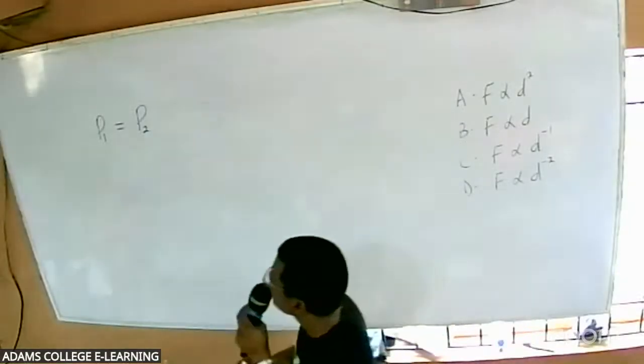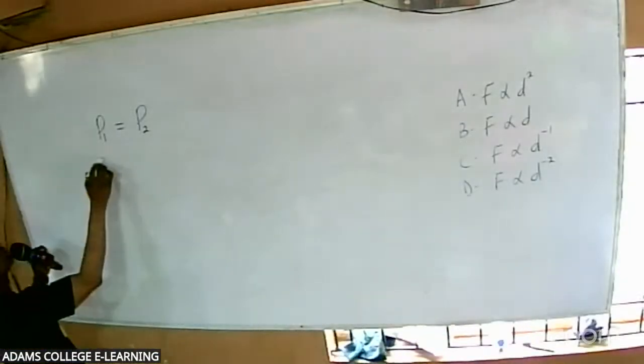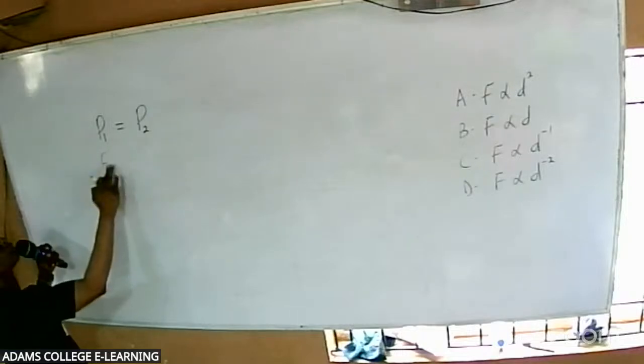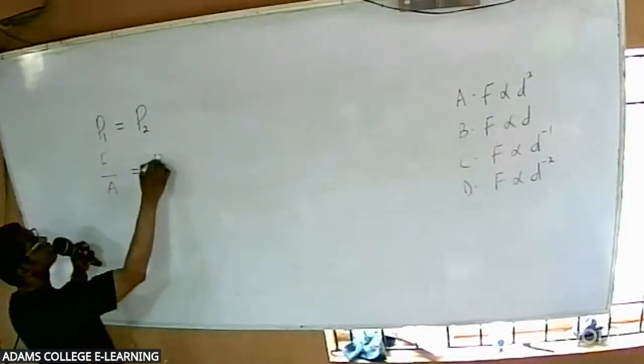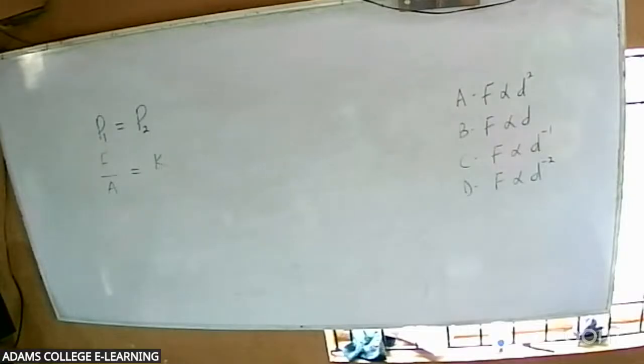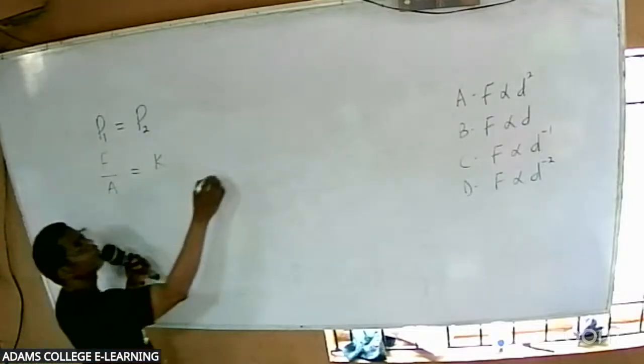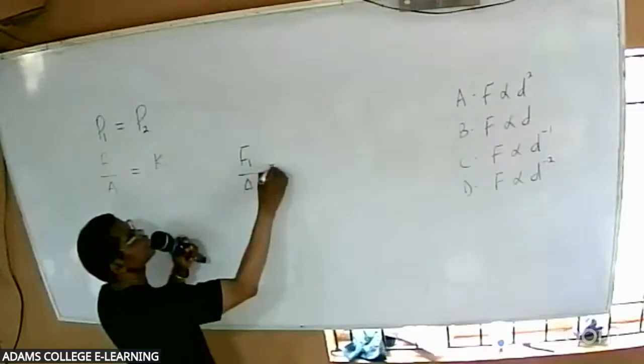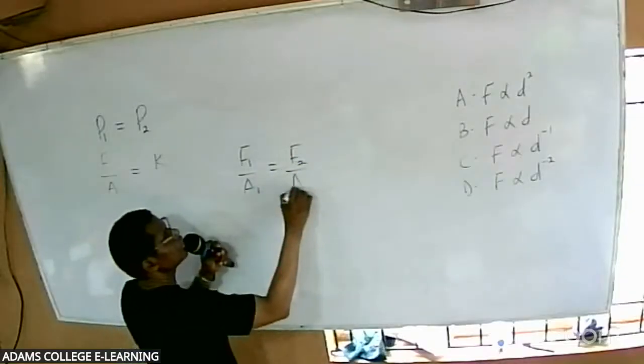That's Pascal's principle of pressure transmissibility. Pressure is constant. In other words, force over area is constant. That's the meaning. That's what we said. Force 1 over area 1 equals force 2 over area 2 equals force 3 over area 3, like that.